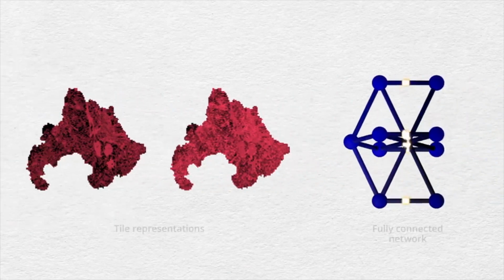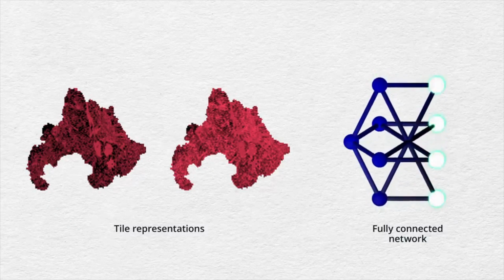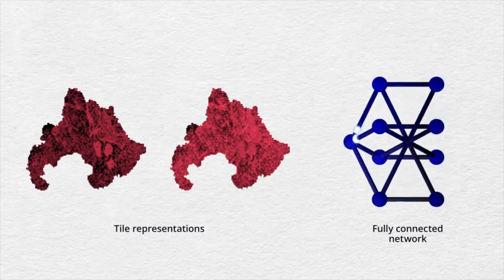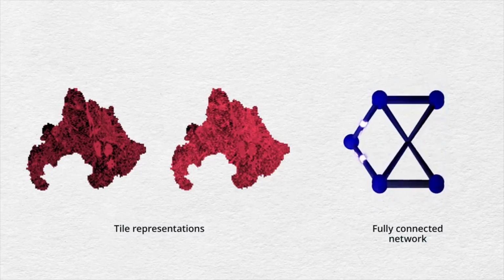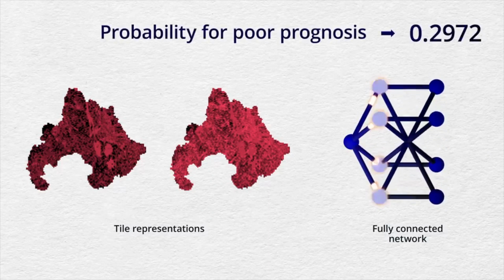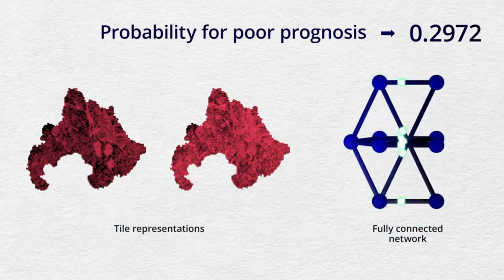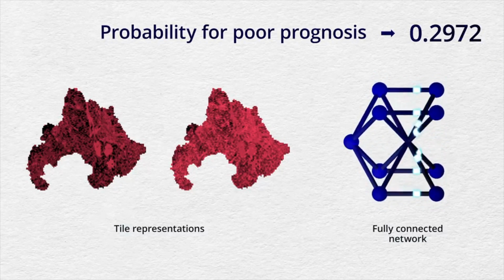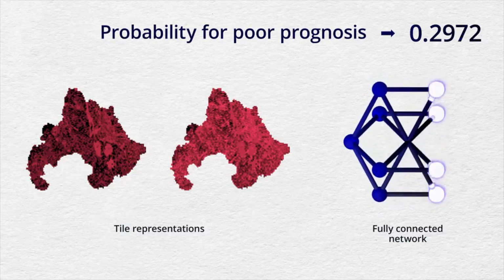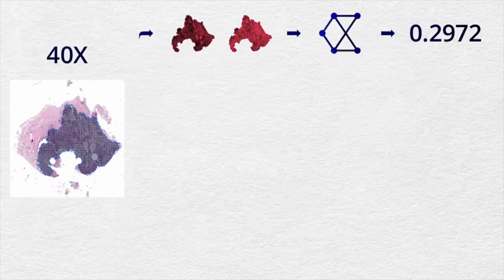A classification network is then applied to this array of tile representations. The respective pair of values for each tile are compared to a probability space, and the mean value is calculated. This reduces to a single point, yielding the probability for poor prognosis. This prediction of the probability of poor prognosis is the final representation for the first model.